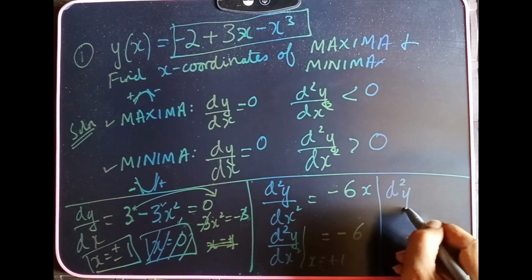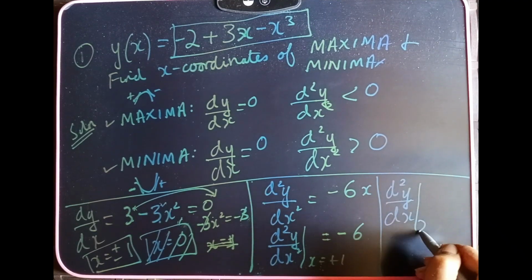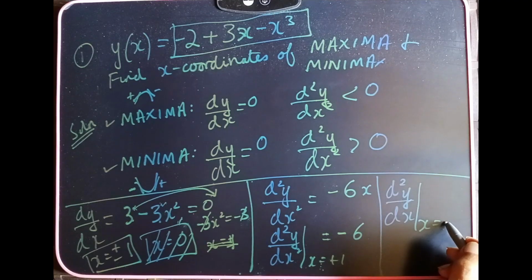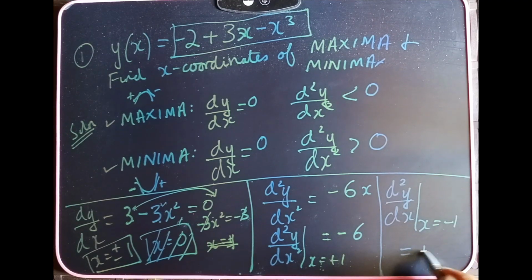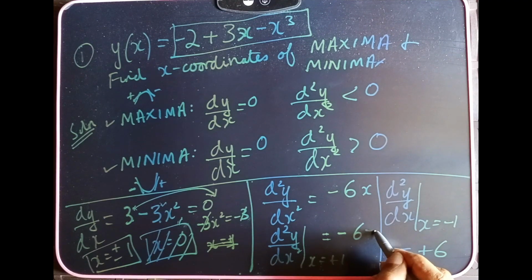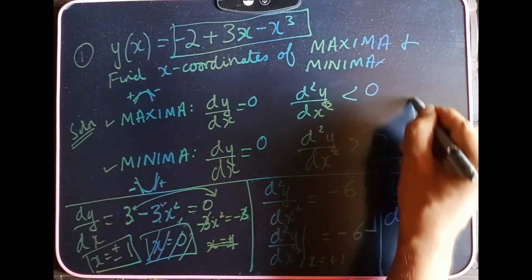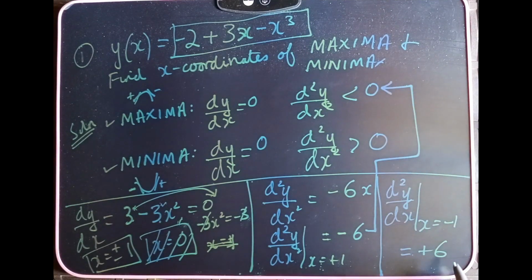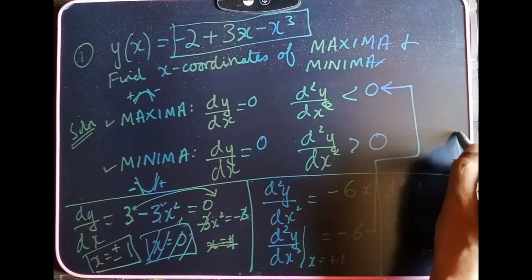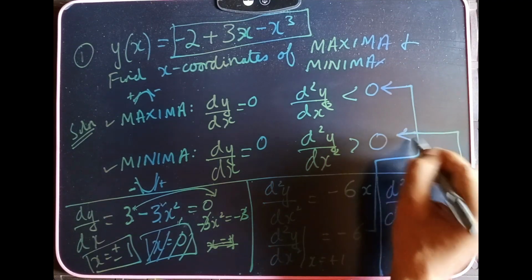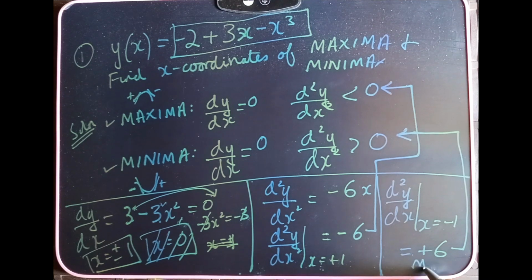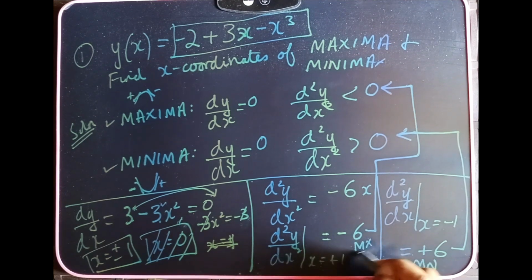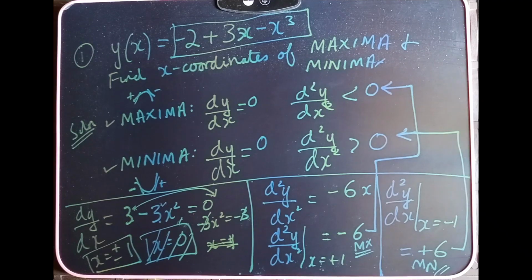And the double differentiation when x is equal to minus 1 will become positive 6. So this is less than 0, and less than 0 means it will be maxima, and more than 0 it will become minima. So this is the minima and this is the maxima. Okay, so we have solved one problem.